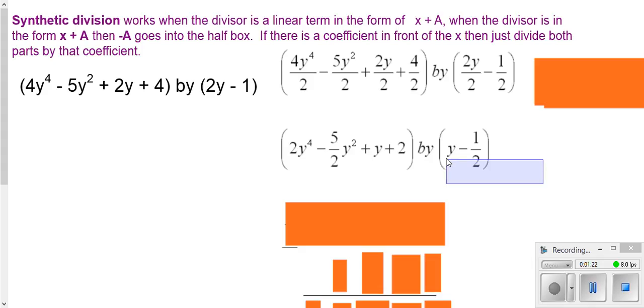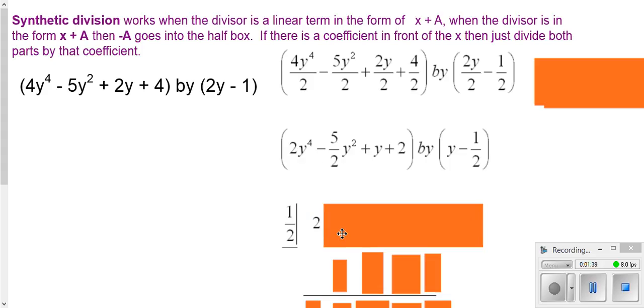So I take this part right here, set it equal to 0 and solve it, and I get y to be 1/2. So I'll put 1/2 in my half box. And then I need to put down my coefficients and constants here. But notice I'm missing my cubed, so I'll have to put in a 0 as a placeholder.